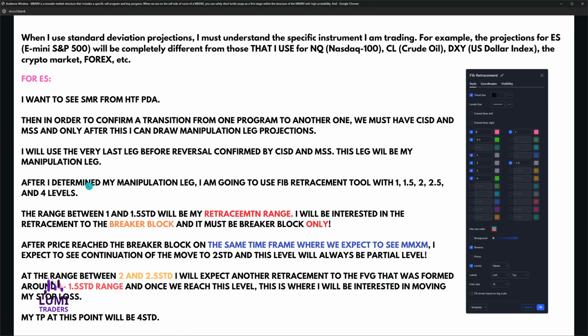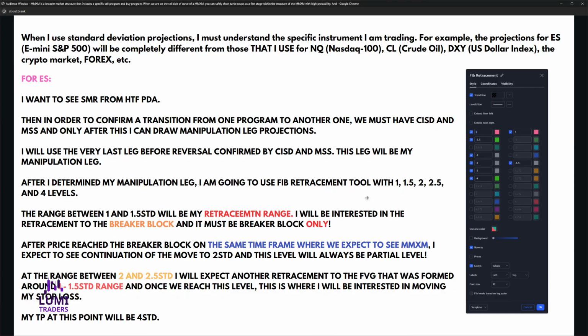After I draw the manipulation leg, I highlighted this on my chart. I'm going to use the FIB retracement tool with 1 standard deviation, 1.5 standard deviation, 2.5 standard deviation, and 4 standard deviation levels. The range between 1 and 1.5 standard deviation is going to be my retracement range.